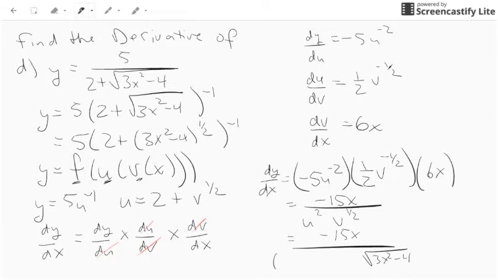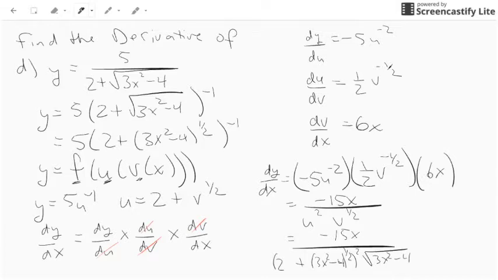So this is going to be 2 plus, and I already know that v was 3x squared minus 4 to the 1/2. So there you go. Negative 15x over 2 plus, in brackets, 3x squared minus 4 to the 1/2, and that's all squared, multiplied by the square root of 3x squared minus 4 in the denominator.